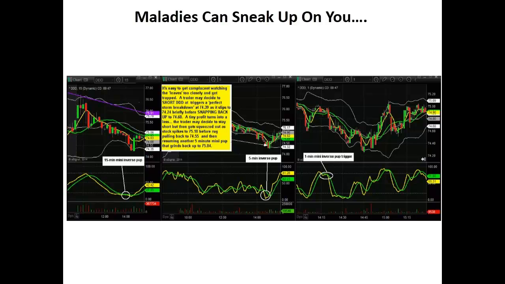You took the smaller shares to be able to withstand a wiggle to the 15-minute 5 because it's a mini inverse pup, or the 5-minute 5 because it's a mini inverse pup. Willing to give it one count. When the 5-minute 5 starts to slope up and forms a mini pup against you, you look to the 15. If the 15 stochastics have crossed up, you need to be out of there.